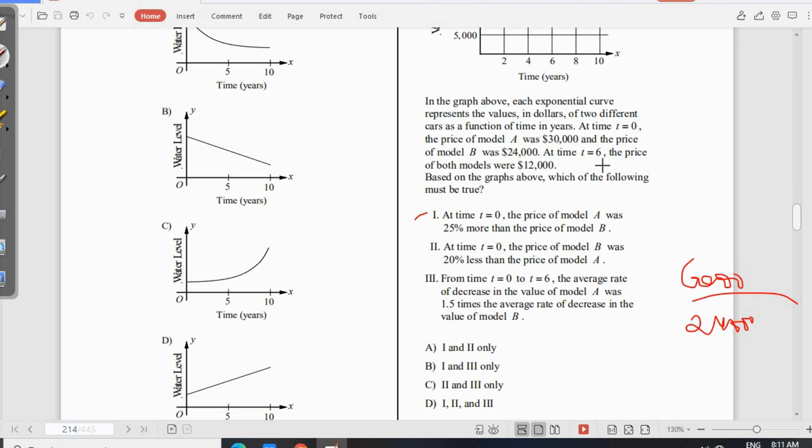But at t equals 6, both models were 12,000. To see the percentage difference, we subtract 24,000 minus 12,000, which gives you 12,000.